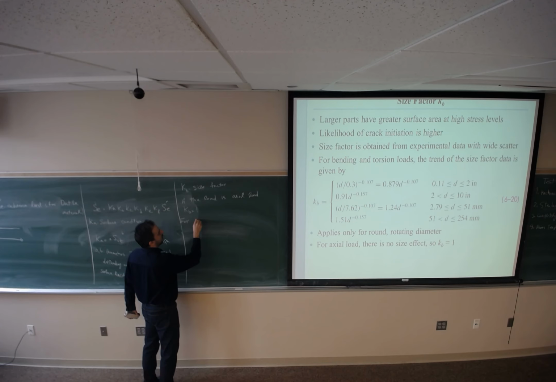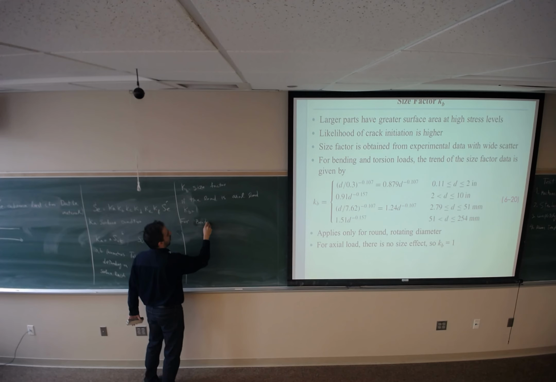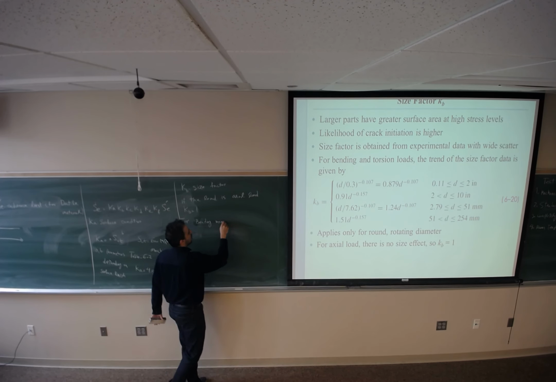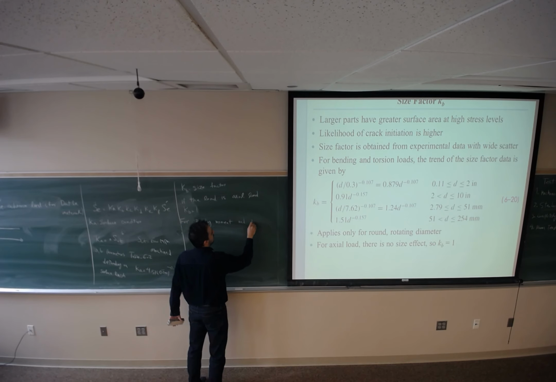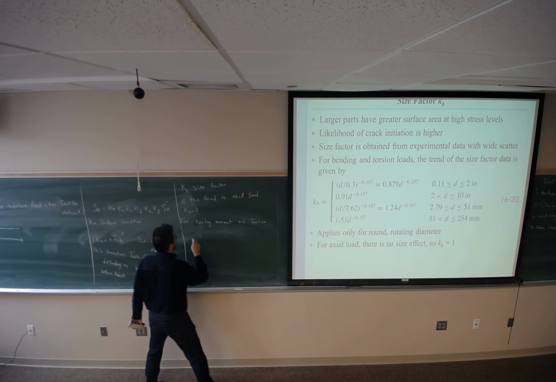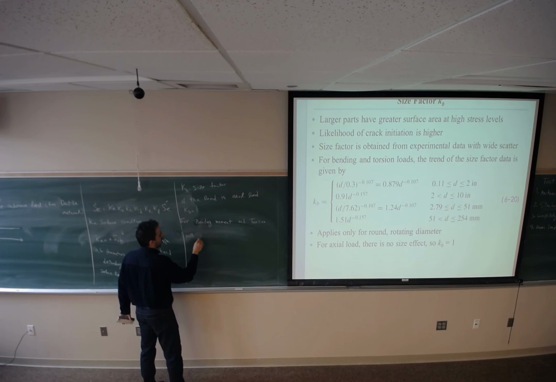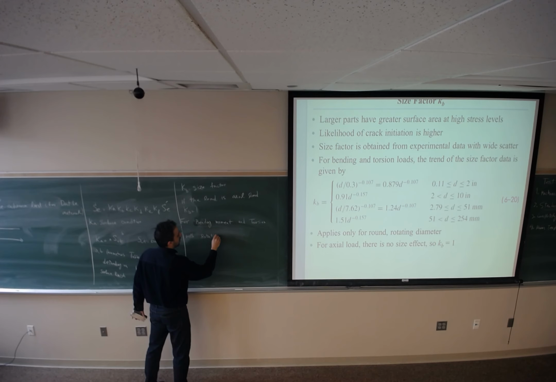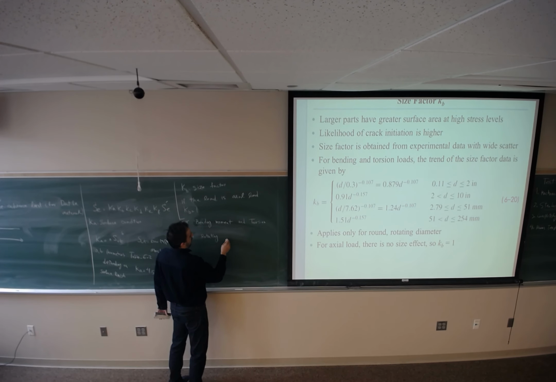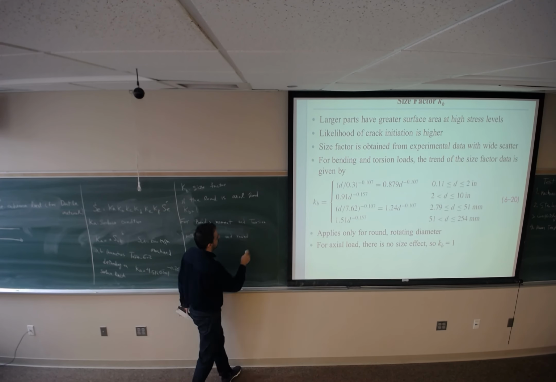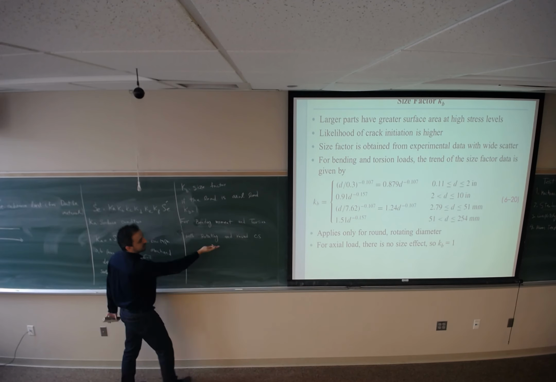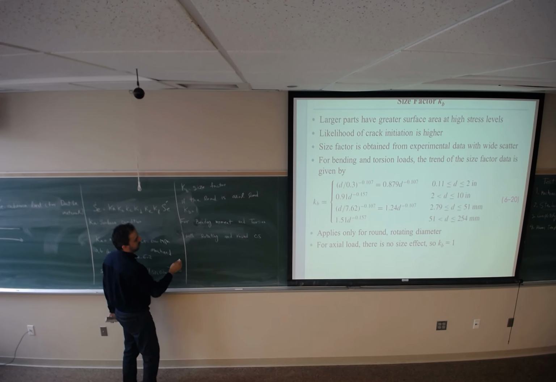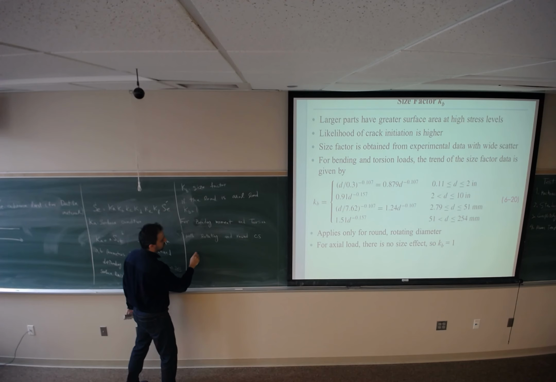For bending moment and torsion with rotating and round cross section. So if the cross section of the component is a circle and the component is rotating, something like the shaft.